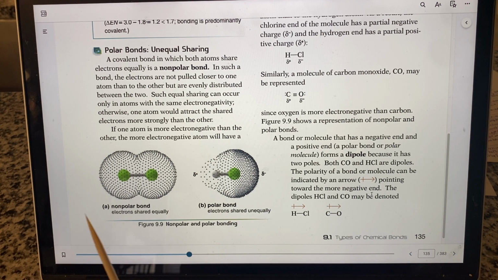So we're going to talk about polar bonds, and this is going to be unequal sharing. You have 2 atoms that have two different electronegativity values, and then what happens, you'll have a polar bond.